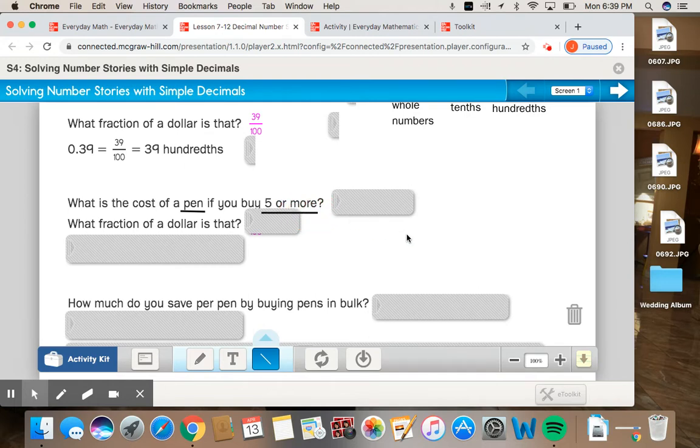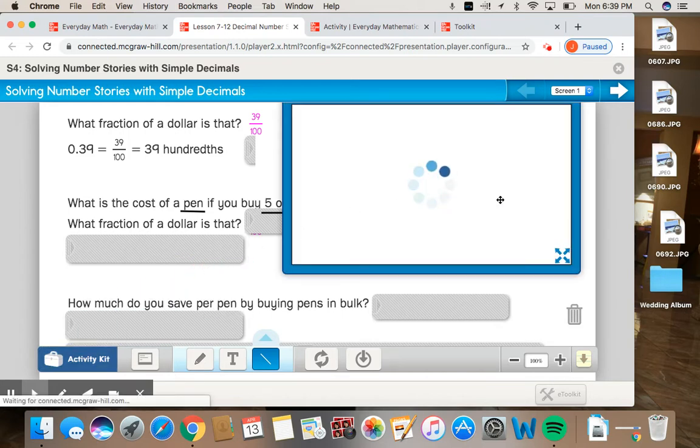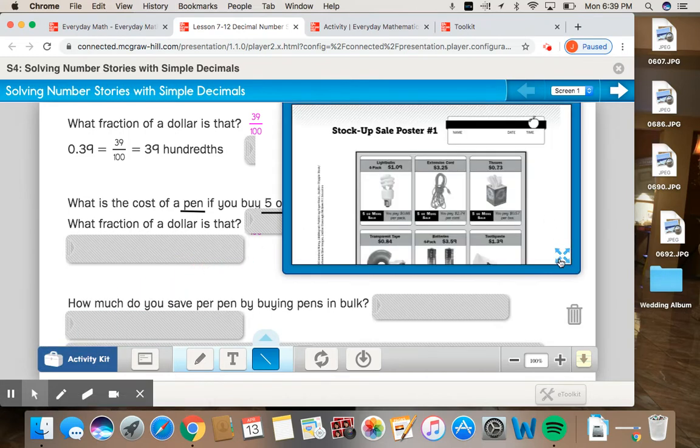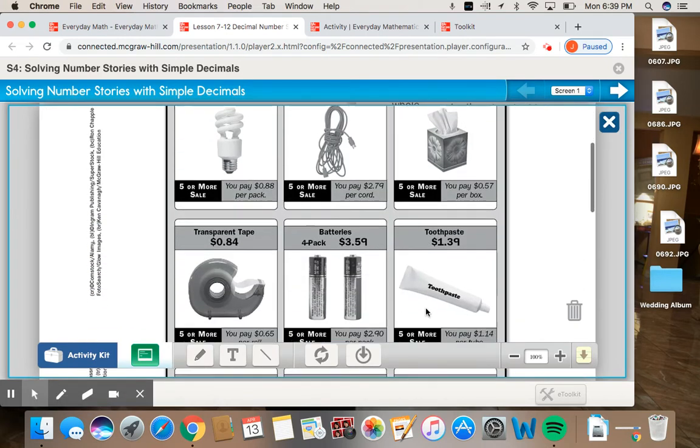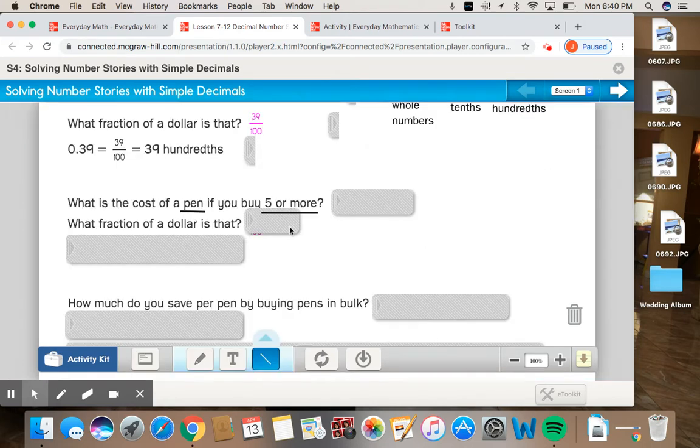So let's go back up to that same pen. I'm going to go back up to poster 1. And here's my same pen, but if I buy 5 or more, now I have to look at the sale price down here. 5 or more, it's 27 cents per pen. So I'm saving money. So it's 27 cents.